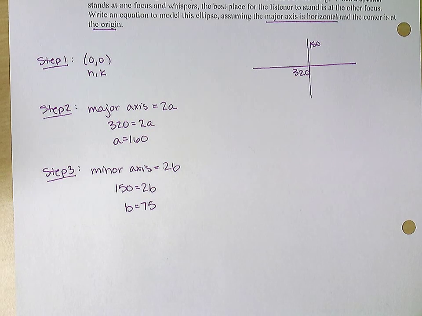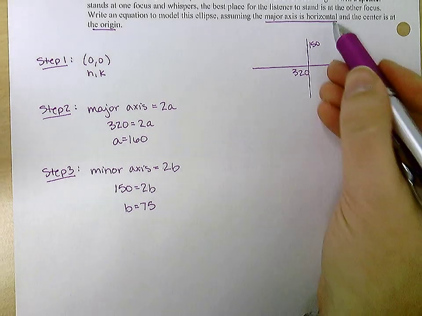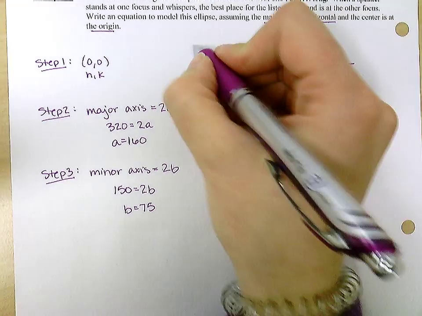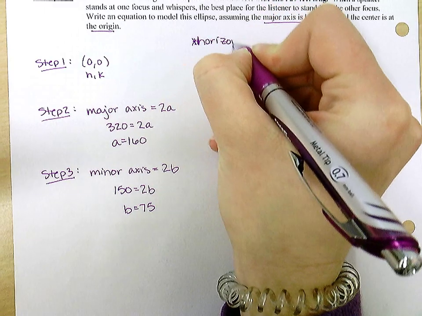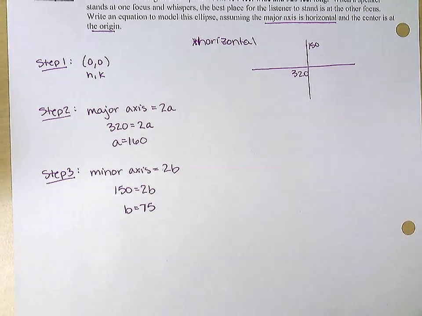So this is a horizontal ellipse because it told us it was horizontal. If you look at the front, for your horizontal ellipse, we have x over the a squared value.